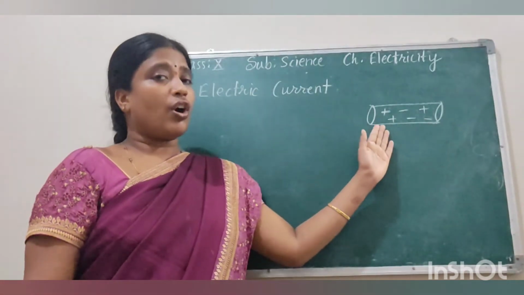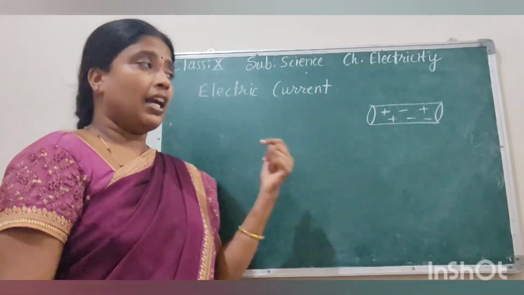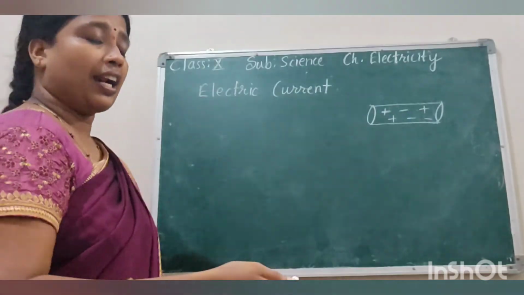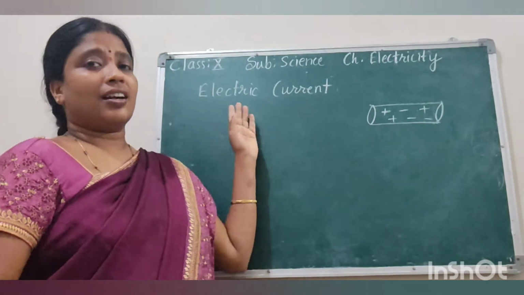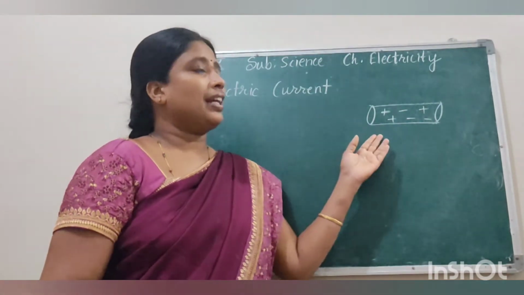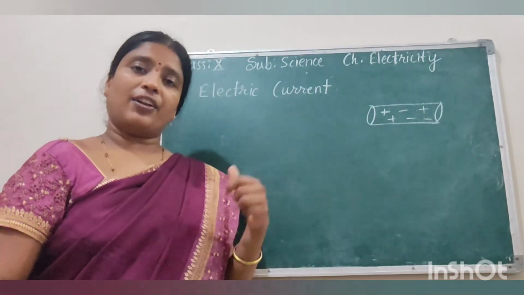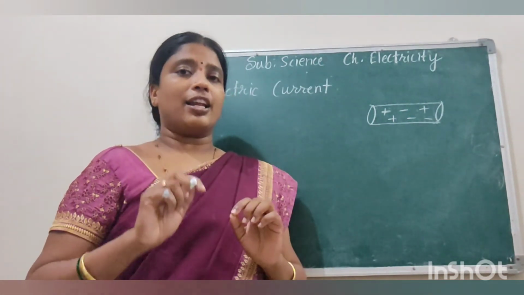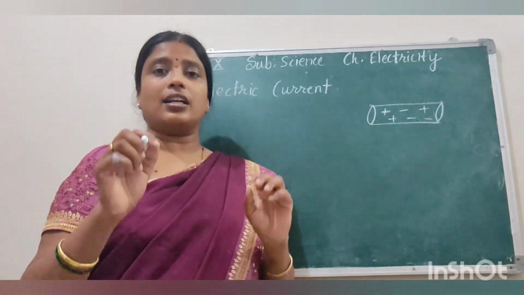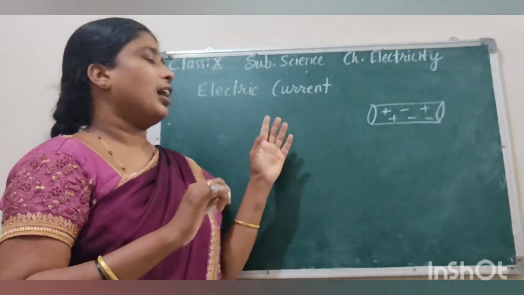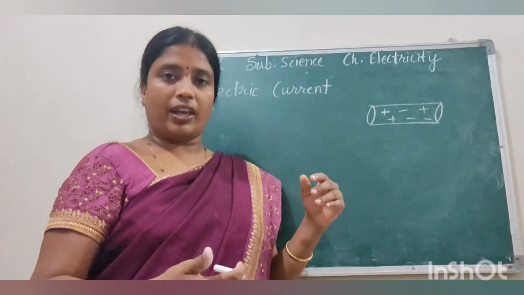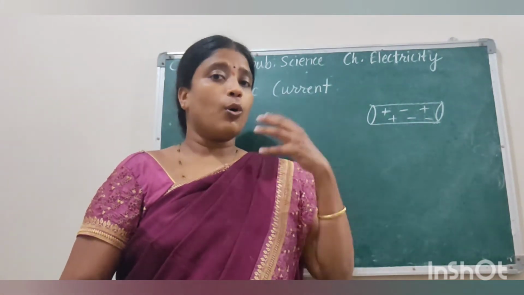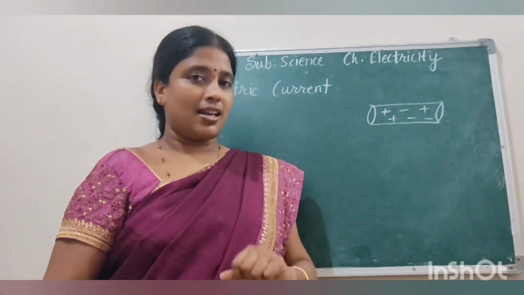Now, this flow of charges constitutes electric current. If any conductor has more free electrons, then from that conductor more current will flow. If there are fewer free electrons, then definitely less current will flow. So, ultimately the current depends upon how many charges are moving. More charges, more current, less charges, less current.